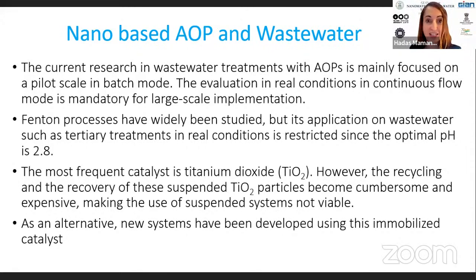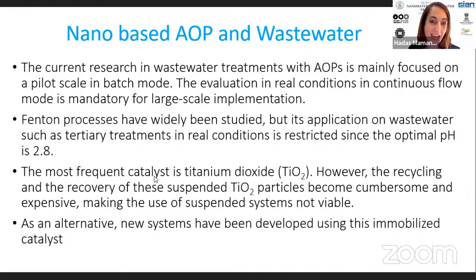What's the point of studying Fenton reactions in wastewater effluent? Just pointless. We will never reduce the pH of the wastewater to pH 2.8 unless it's a specific industrial wastewater that is already at that pH. But if not, then what's the point?